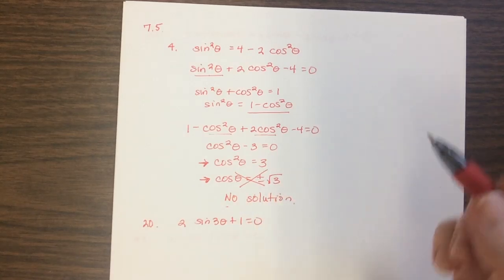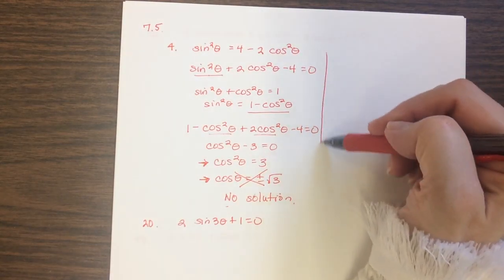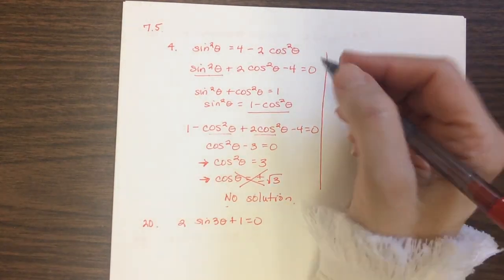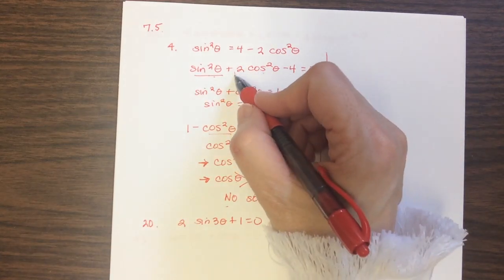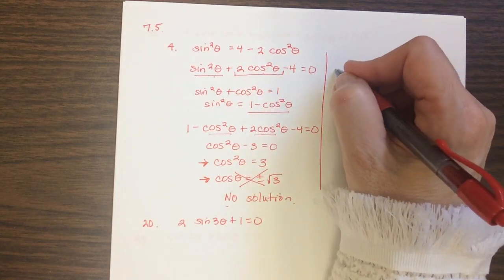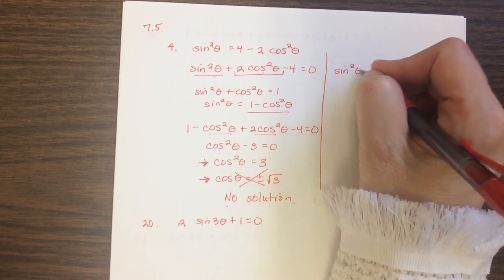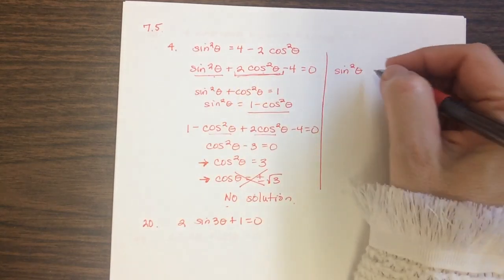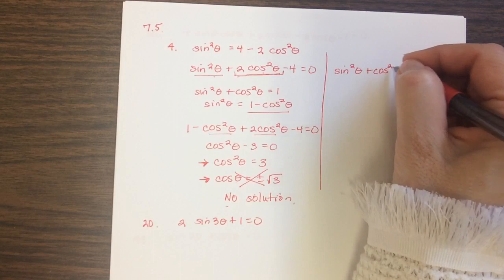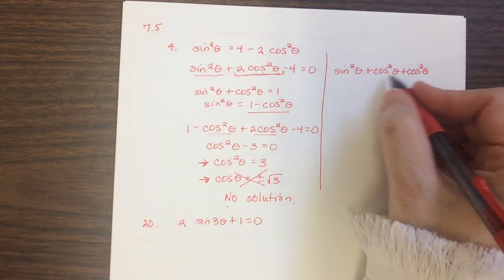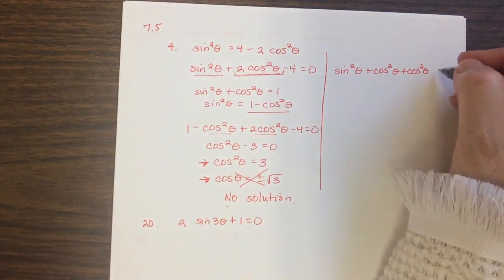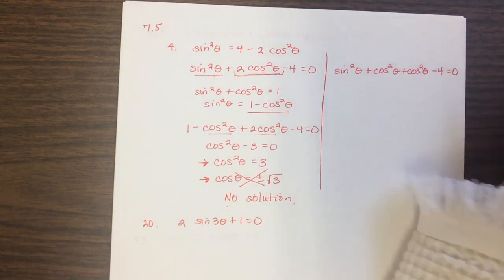Alright, the other way you could work it, and I'm going to show you this just very quickly. If I'm looking at this right here, I could break this down as well. I know that that is sine squared theta, and then if I split that up into cosine squared theta plus cosine squared theta, which I know is 2 cosine squared theta minus 4 equals 0.